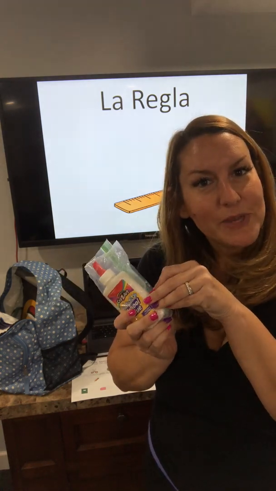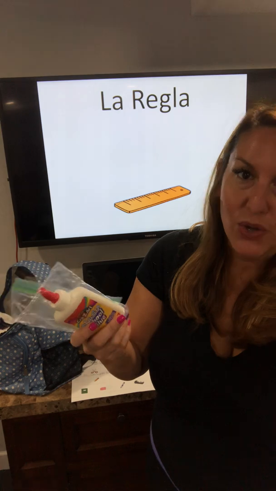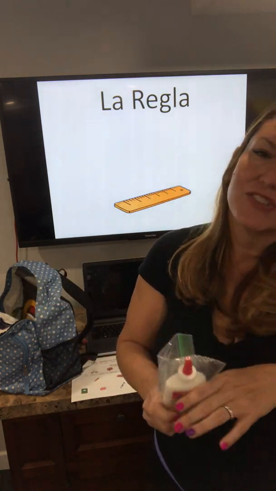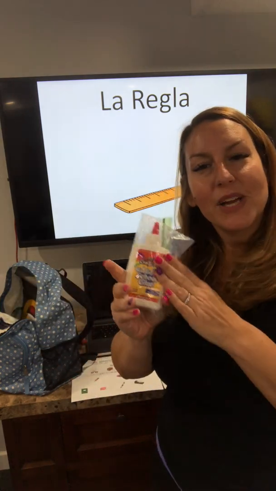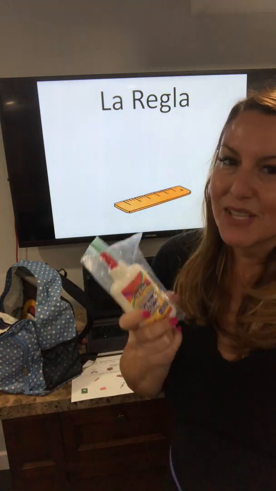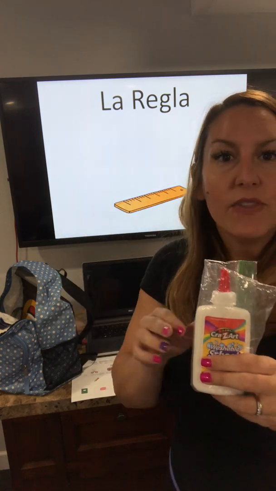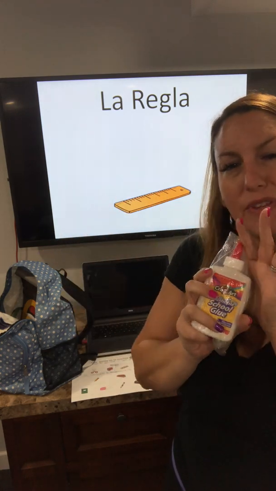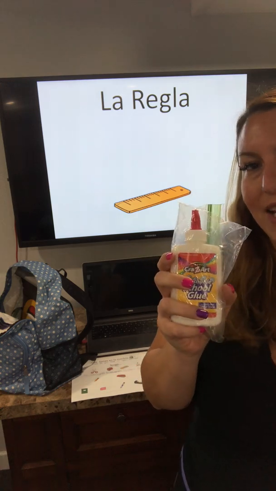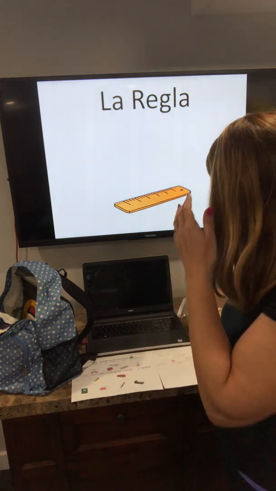So in some Spanish-speaking countries, they say el pegamento. In other Spanish countries, they say la goma. In other Spanish countries, they say la pega. But we're going to say el pegante because that's what they say on the computer program that we use, okay? But you could say any of those. They're all correct. So I always feel bad for this one, so I say, aw, el pegante, because nobody ever remembers this one.